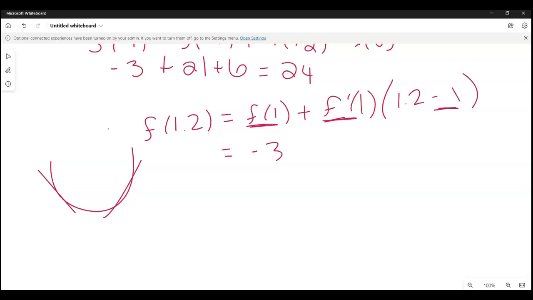So the reason is my approximation is an underestimate because f is concave up always. If it's concave down, it's always an over. Yes, because if you think about concave down like a frown, your tangent line is always going to be above it on either side of that concavity.